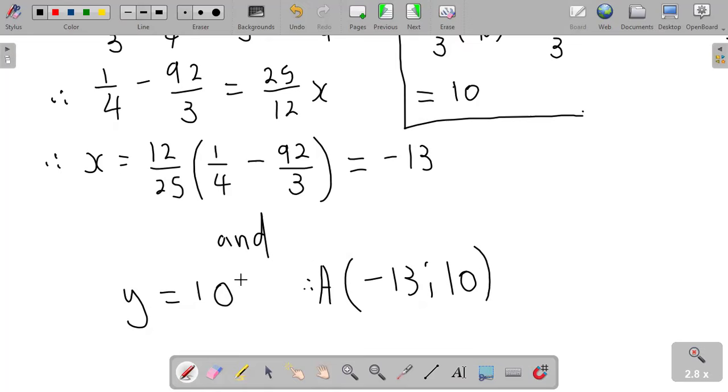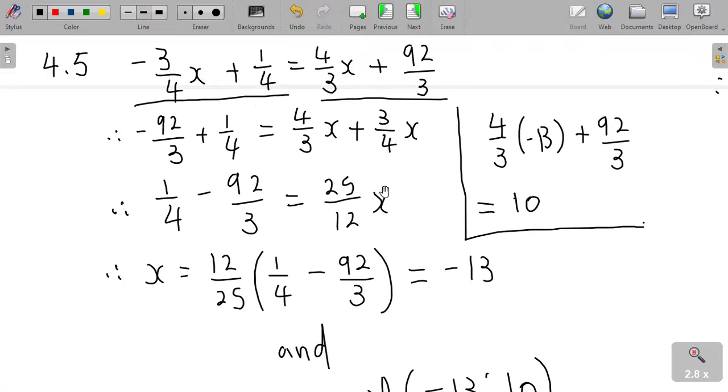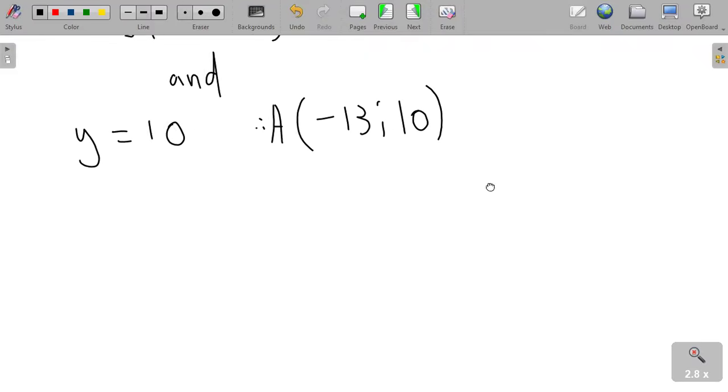It's an intersection point, so we just equate the two. So that sums up question 4.